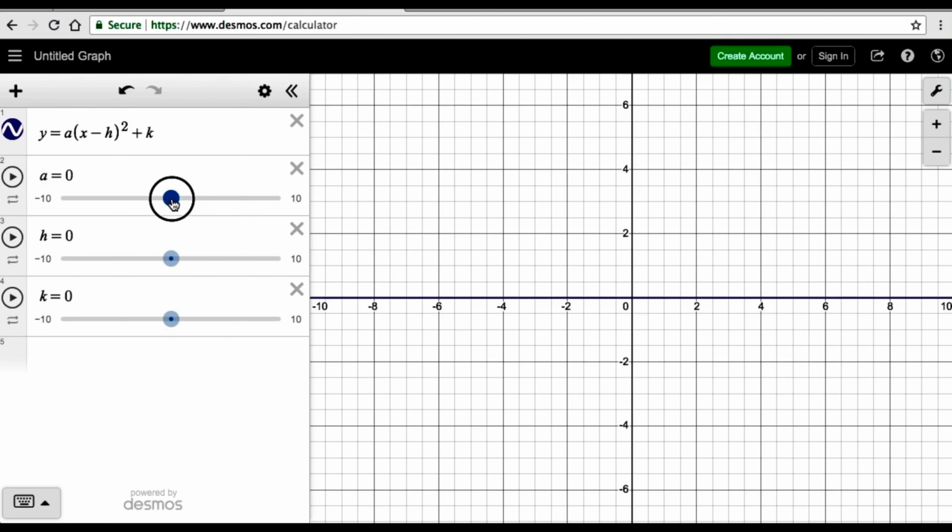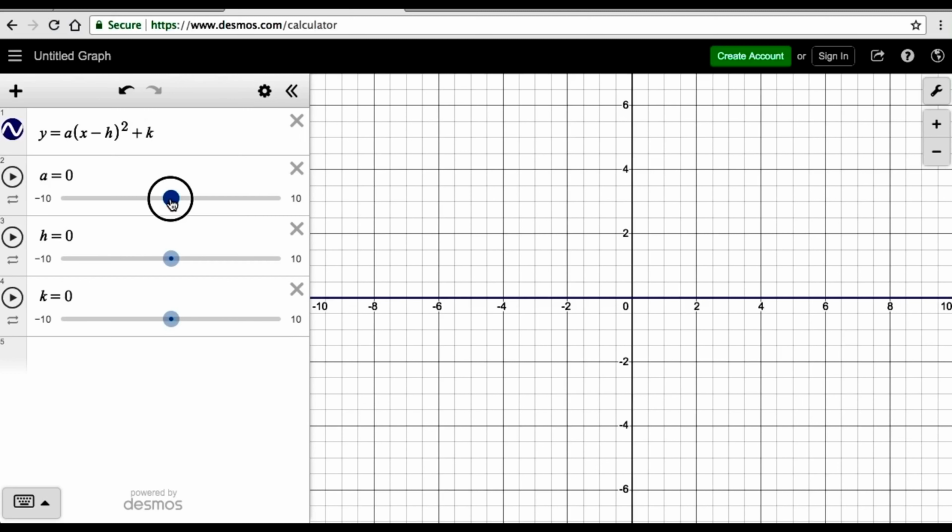So that's the A. At 0, it's a straight line. When A is positive, it opens up. When it becomes a bigger and bigger positive number, it becomes skinnier. And when it gets closer to 0, it becomes wider.